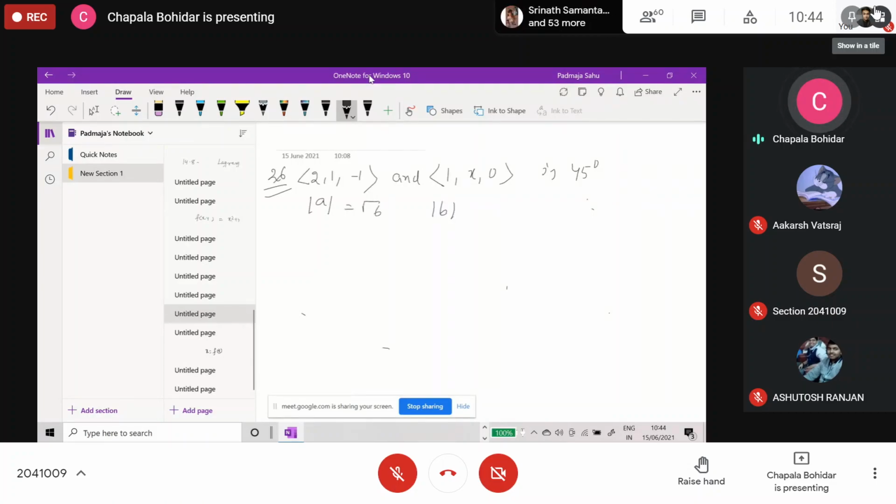Absolute value of B is the square root of 1 plus x squared. Then cos 45 degrees is equal to A dot B, which is 2 plus x, divided by root 6 into the square root of 1 plus x squared, is equal to 1 by root 2. Then you simplify. You have a quadratic equation, and from that you find the value of x.